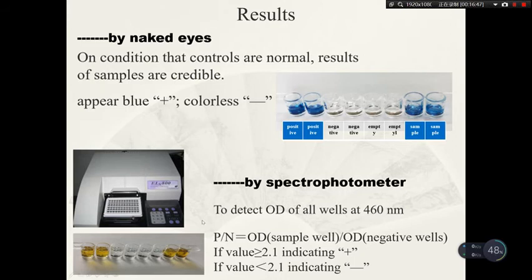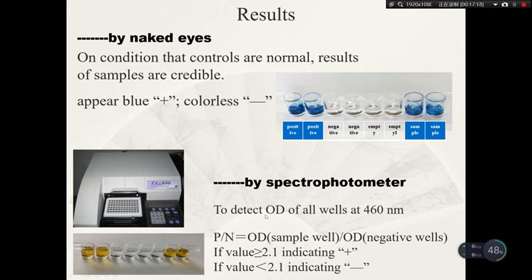And next, we read the absorbance at 450 nanometers by spectrophotometer. If the ratio of the optical value of the sample to the optical value of the negative control is equal to or greater than 2.1, it means the sample gave a positive result.